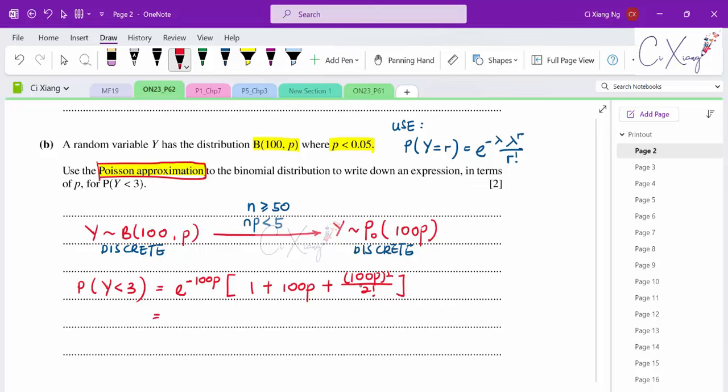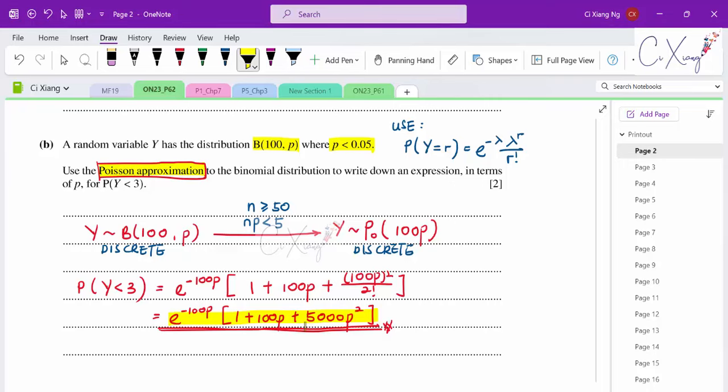Then we simplify: 1 plus 100p, plus 5000p squared. This is how we find the probability in terms of p using Poisson distribution.